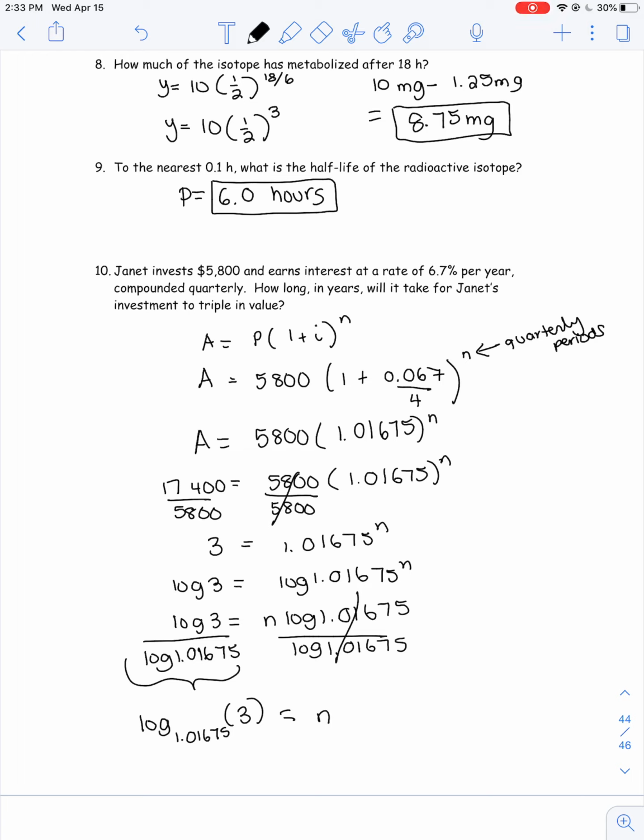So in our calculator, we can go alpha window number 5, and we can put 1.01675 as that little number in the space, and then we can put 3 in the brackets, and then we can get our answer, which is n is equal to 66, but this means 66 quarterly periods.